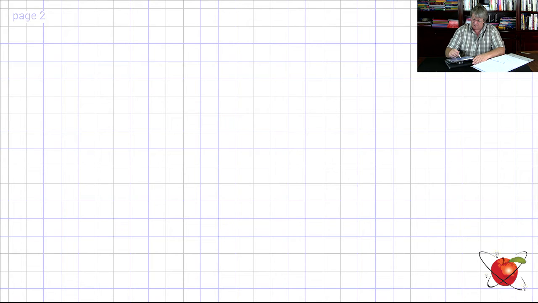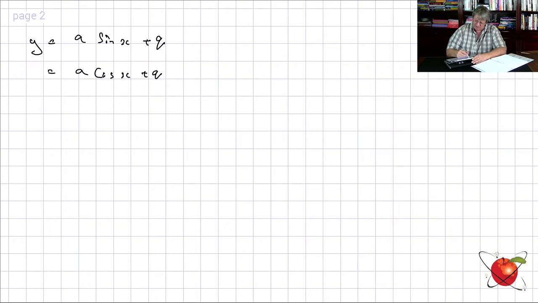Let's create another page. Now we're going to look at y equals a sine x plus q, a cos x plus q, and of course I'll put tan separate, tan x plus q.